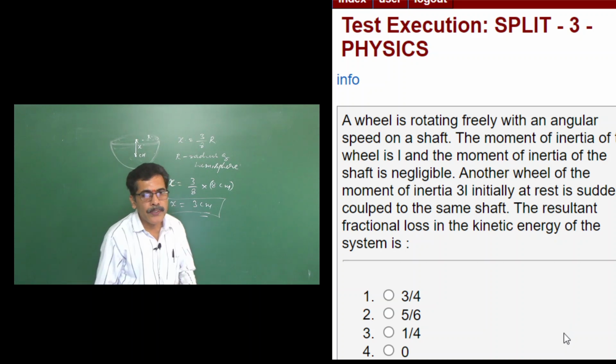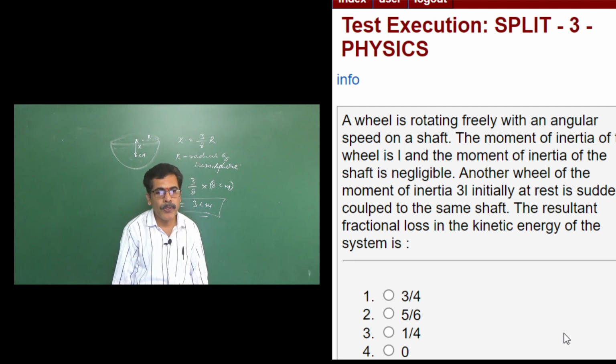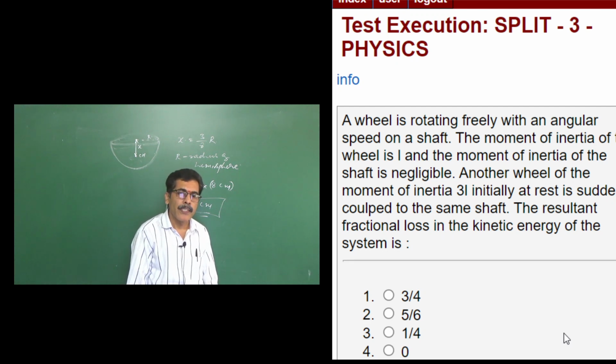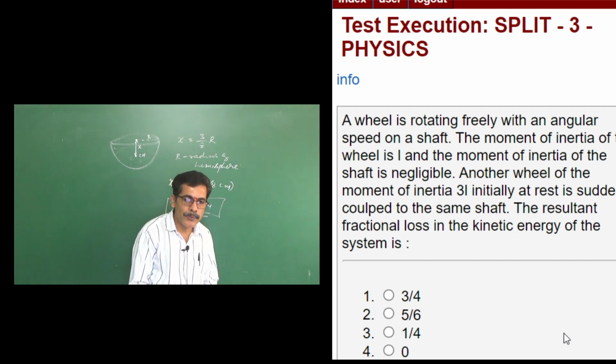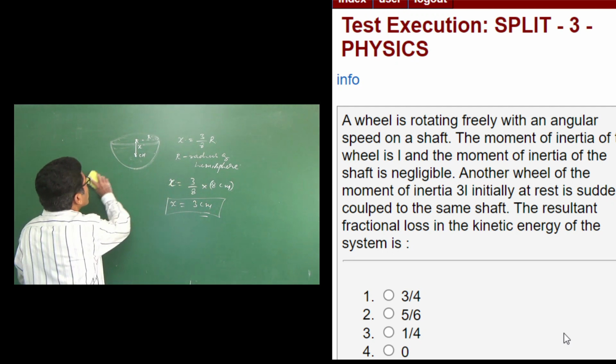A wheel is rotating freely with an angular speed on a shaft. The moment of inertia of the wheel is I, and the moment of inertia of the shaft is negligible. If another wheel of moment of inertia 3I, initially at rest, is suddenly coupled to the same shaft, the resultant frictional loss in kinetic energy of the system is?